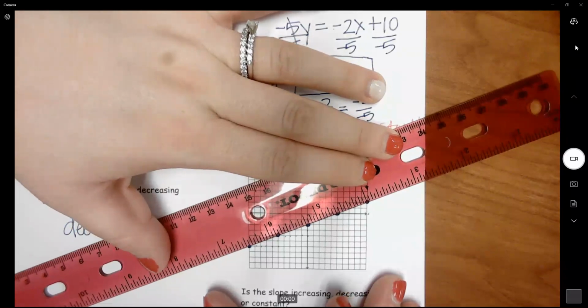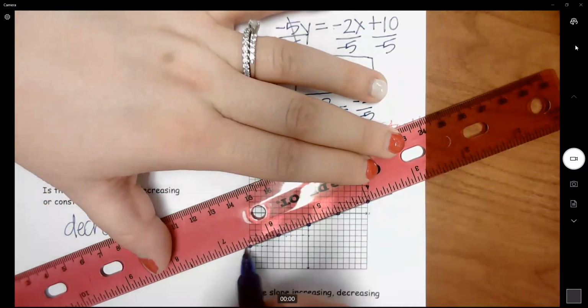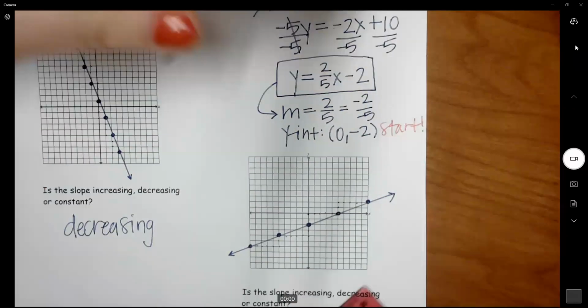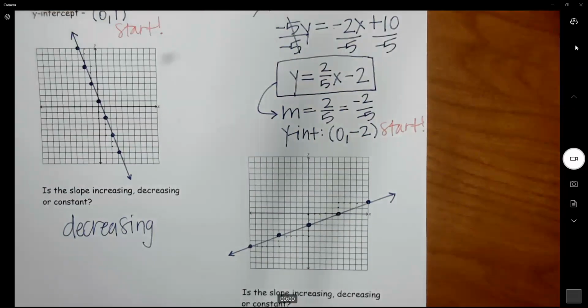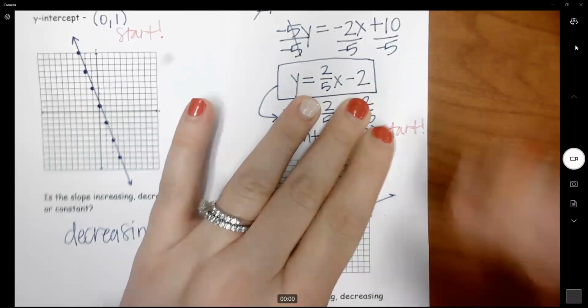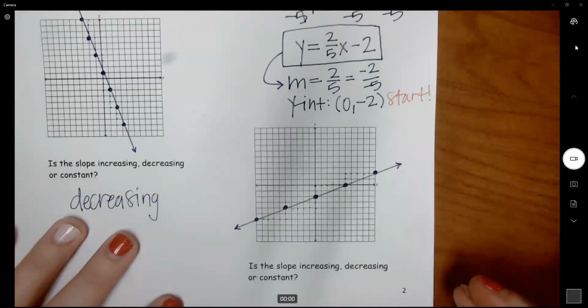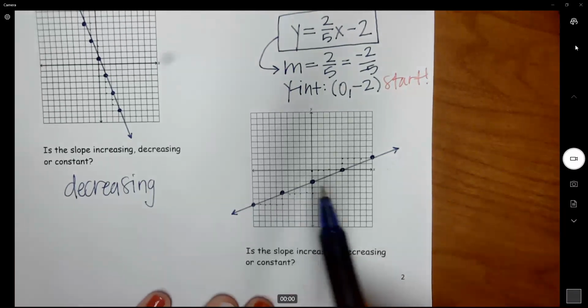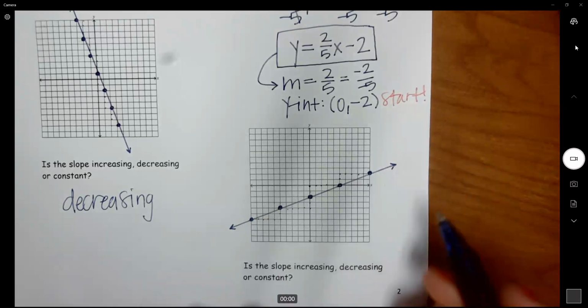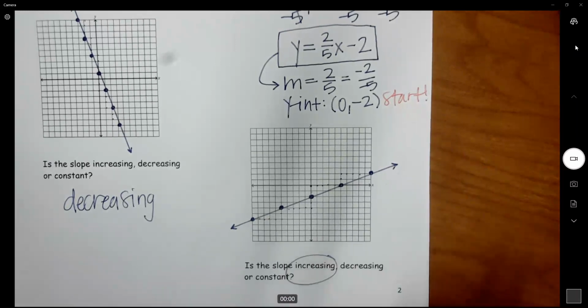And then the last question on this is the slope increasing, decreasing, or constant? And this one has a positive slope, or it is going up from left to right. So this one is increasing.